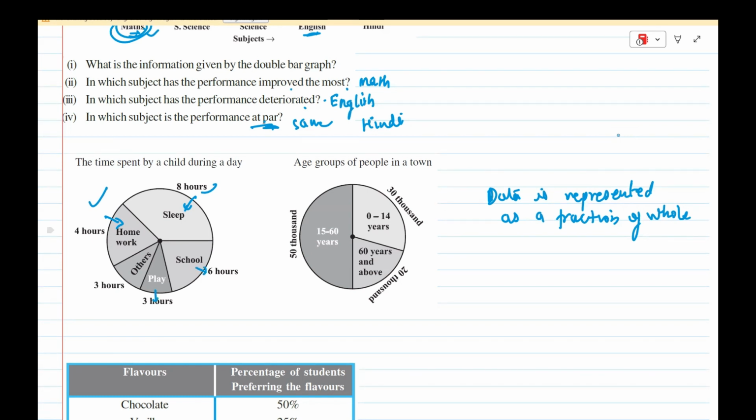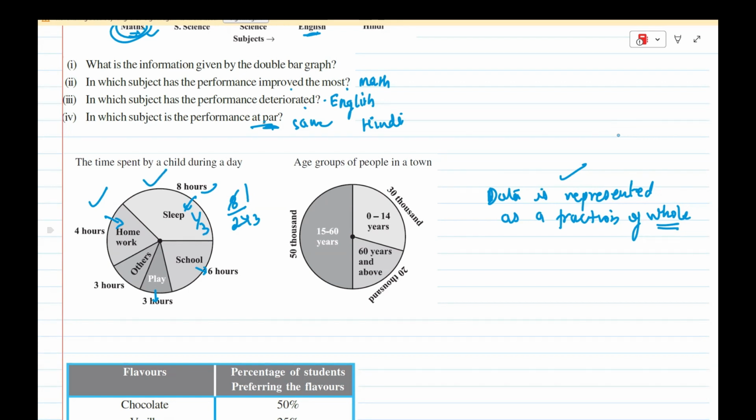So what can I say, how much fraction is going for sleep out of 24 hours? That is 8 by 24. 8 ones are 8, 8 threes are 24, means 1 by 3. 1/3 of the time is going for sleep. That is why in a pie graph, a circular graph, data is represented as a fraction of a whole. Here the whole is a complete day.